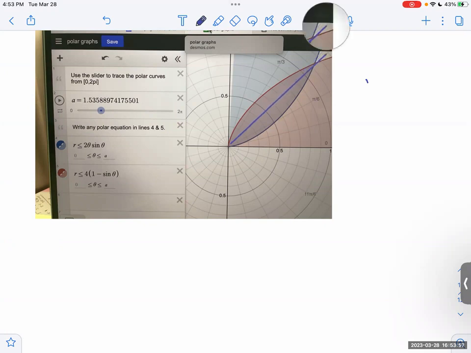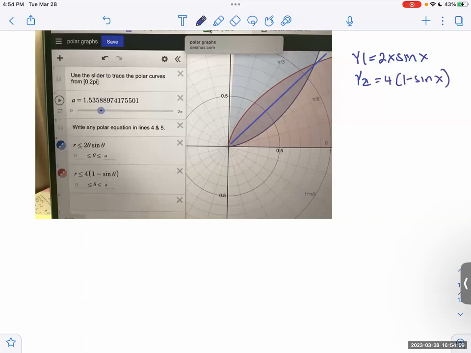So on your calculator for y1, you're going to enter 2x sine of x, and then for y2, you're going to enter 1 minus sine of x, and then you're going to find the intersection point. Now there's going to be multiple intersection points. The point that you guys want is the first point of intersection after 0.